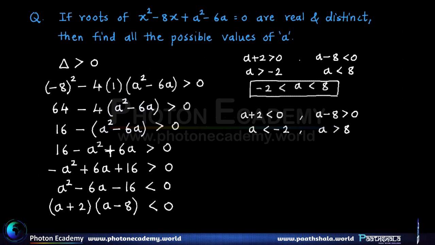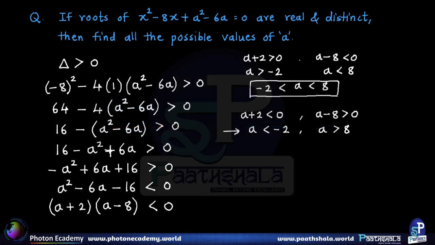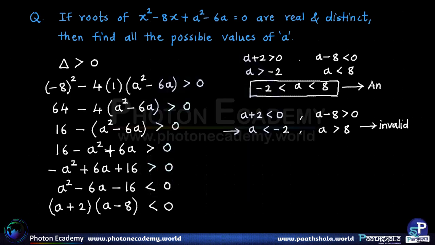Now we have to note that both of these two conditions must be true simultaneously, and we know that this is not possible because a cannot be simultaneously less than minus 2 as well as greater than 8. So therefore this is an invalid case, so we discard it. So that means the final answer is nothing but a must lie between minus 2 to 8 for the roots of the given equation to be real.